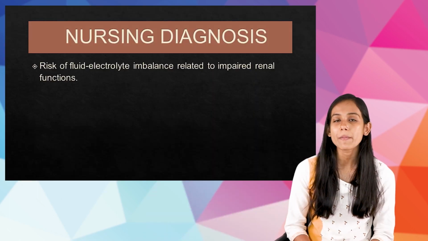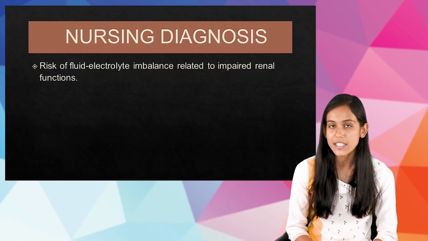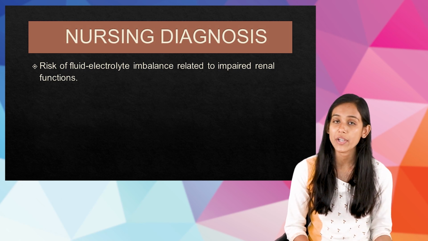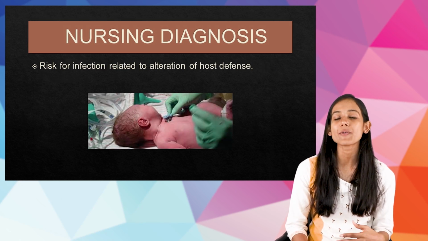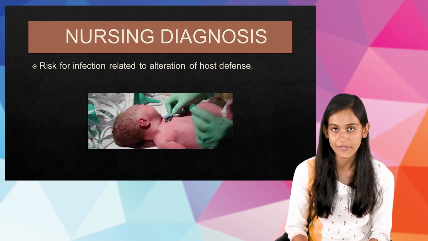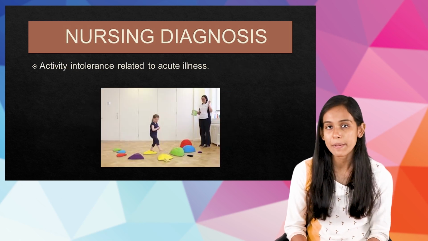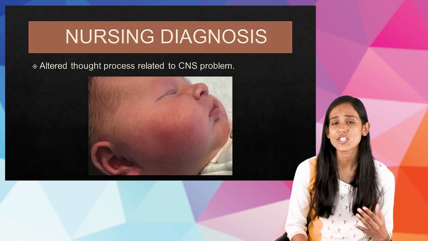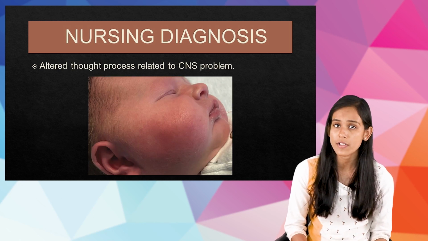Next, moving on to the nursing diagnosis. What are the nursing diagnoses for acute renal failure? The first will be risk of fluid electrolyte imbalance related to the impaired renal function. And then there would also be risk of infection related to alteration of host defense. Activity intolerance will be there, and then again the child can have altered thought process.